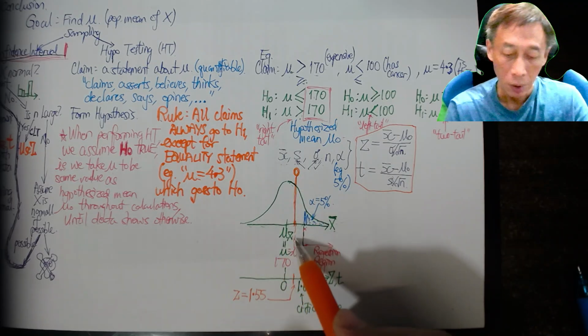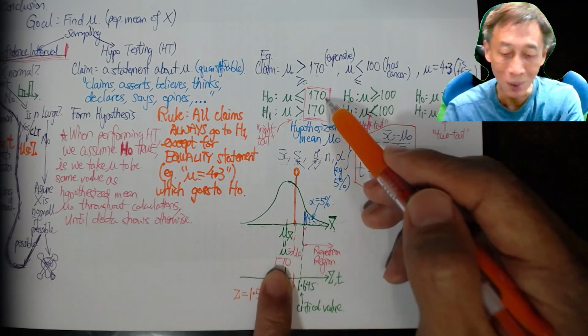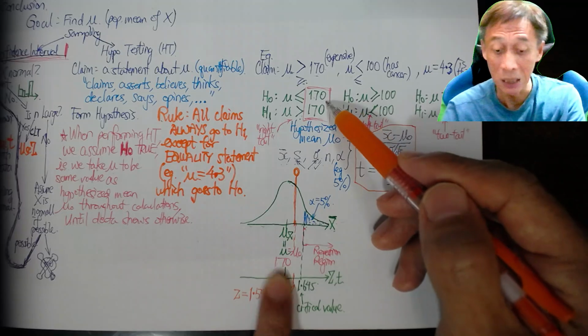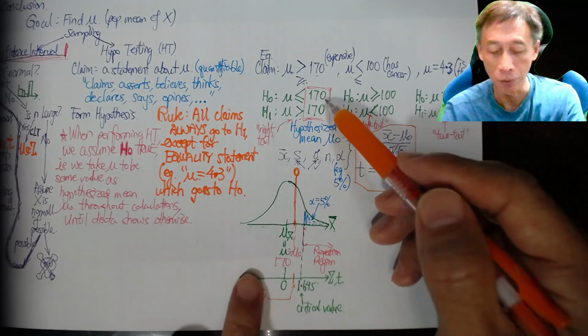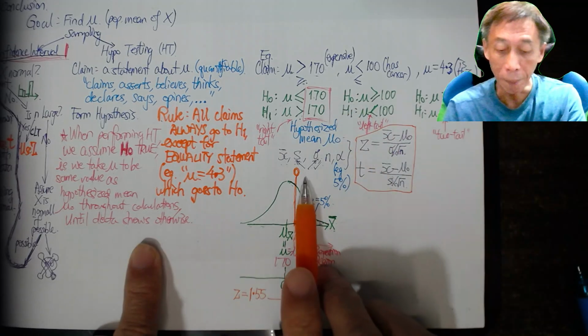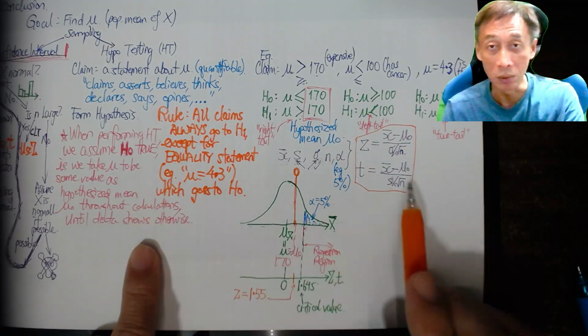Because if your mu, this number 170, is arbitrarily asserted by the person claiming such, and you move it to 0, the pin will not be more likely to be 0 than otherwise, correct or not?